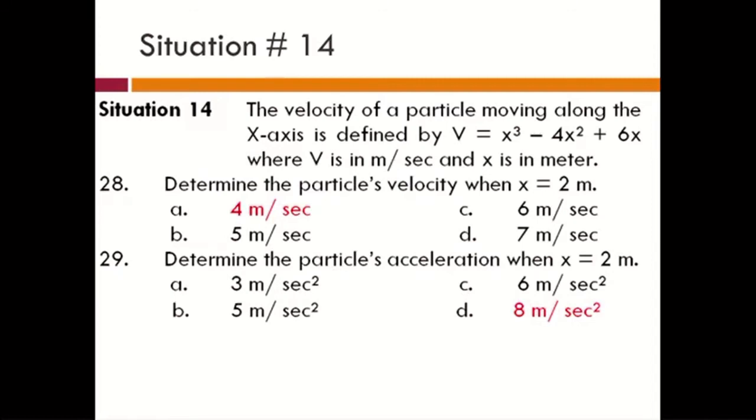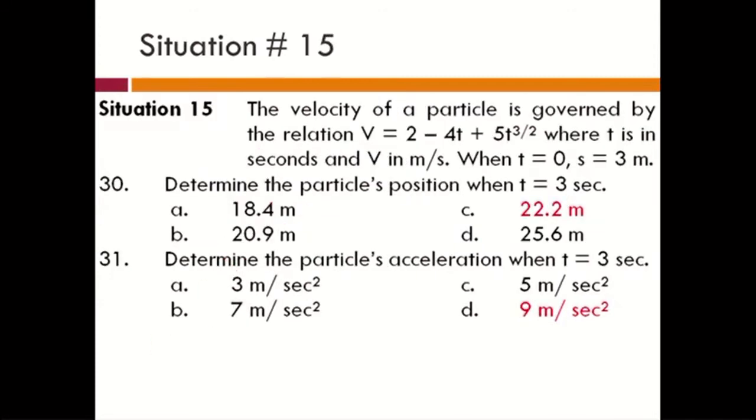Oh, anyway, kaya nyo nang palabasin yan. Hindi ko na-solve yan. Okay? Station number 14, answer number 28 is A. Number 29 is, as you can see on the screen, letter D, 8 meters per second. Okay, and station number 15, here it is. So velocity, particle is governed by N. Answer for number 30 is C, and number 31 is D. Okay, so let's move on sa susunod na topic.